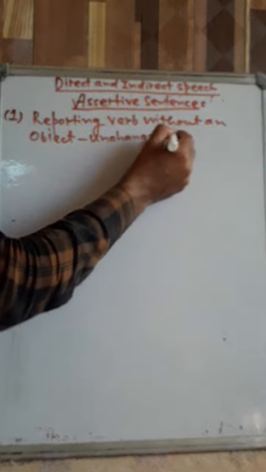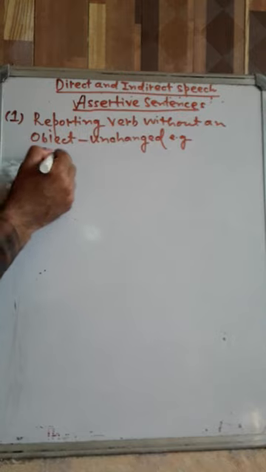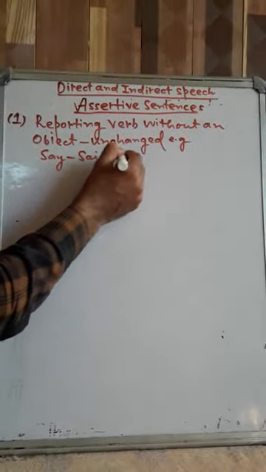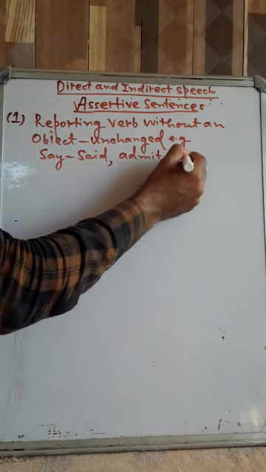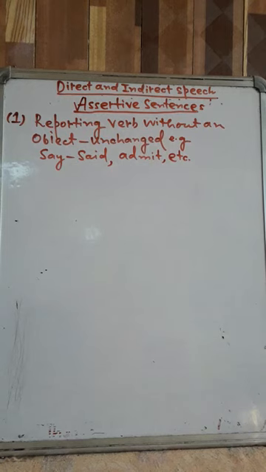For example, if we have the reporting verb say, said, admit, or whatever it is, without an object it remains unchanged.